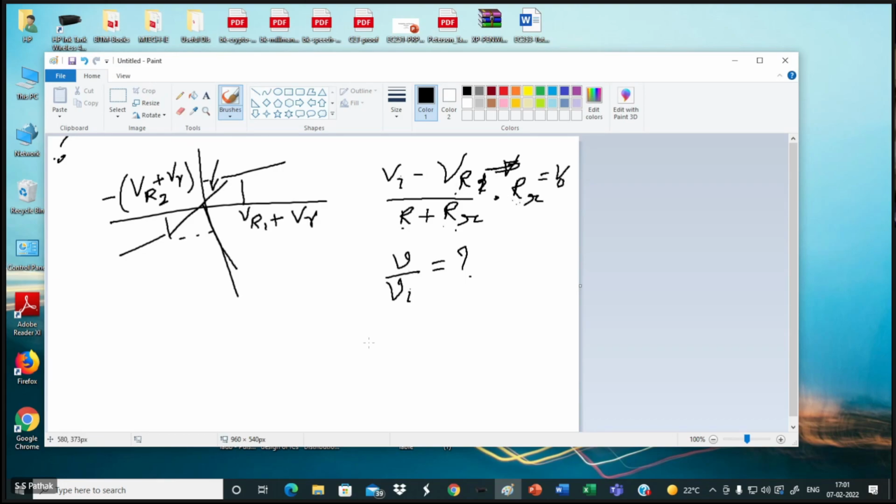Just see, you have VI by R plus RR, here is your RR, minus VR into RR divided by R plus RR. So VR is appearing there, but it is not taking part in this one. That means this almost becomes equal to V naught.